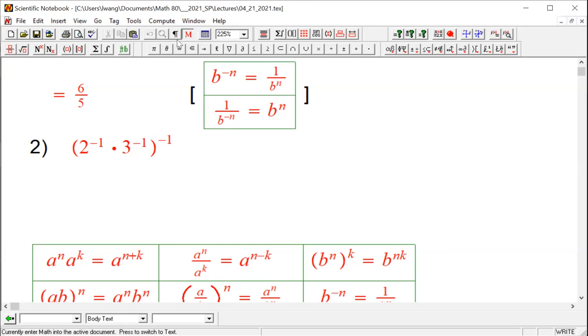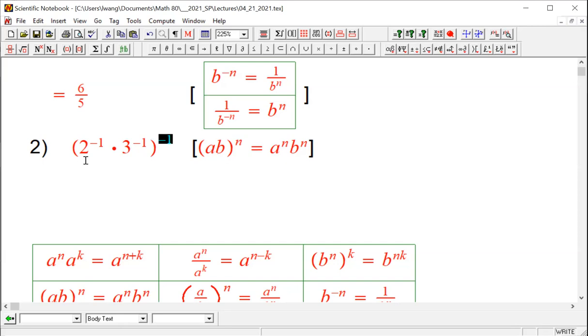Which property do you think applies? I think this is the property that would apply. So our A is 2 to the power negative 1, and B is 3 to the power negative 1. So we can apply the power just like what we do here.